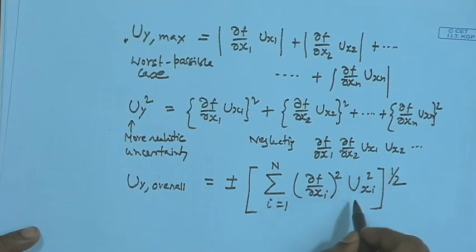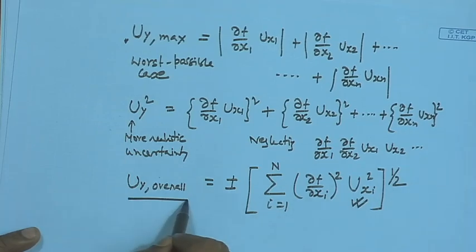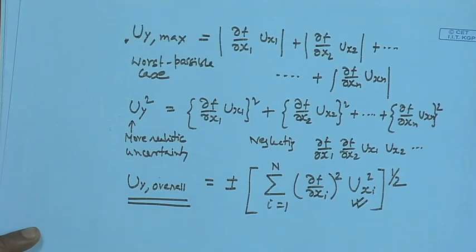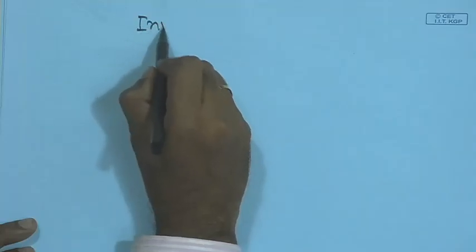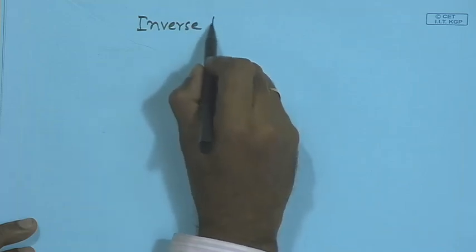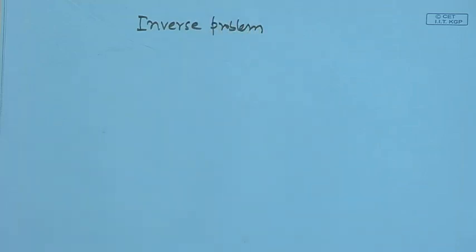So, if you have an estimate of the individual uncertainties, we can determine the overall uncertainty, but it is the inverse problem which is more important. What we mean by inverse problem is as follows.